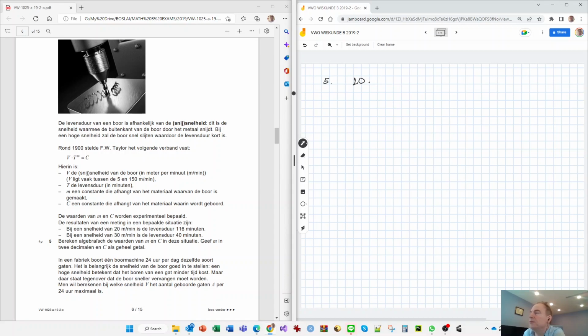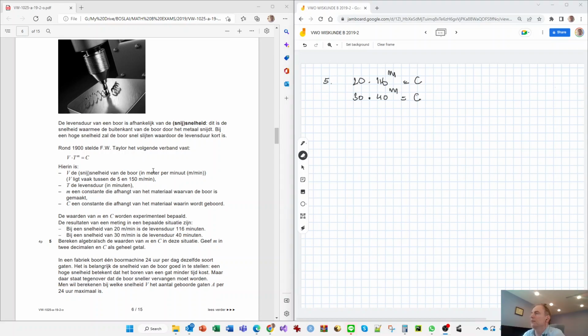So 20 times 116 to the power m, which is unknown, is equal to the other thing we want to know, namely capital C, the material dependent constant. And the other known is 30 times 40 to the power m equals C.